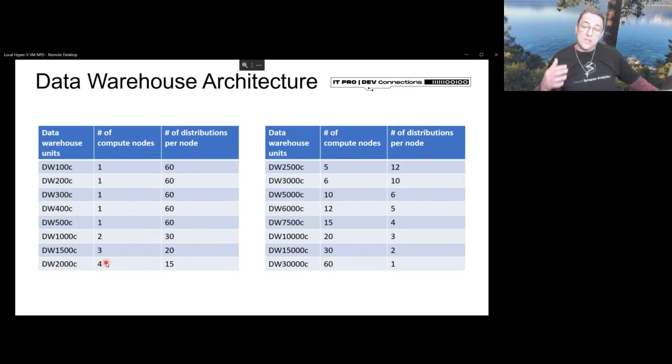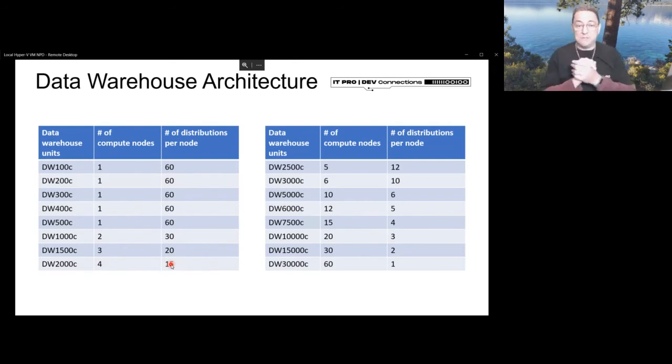Like I told you, it's always 60 storage distributions. So if I have 4 compute nodes, those 60 distributions will be split into 4 groups. Each one of the compute nodes will be allocated to work with 15 of those distributions. What's the point here?